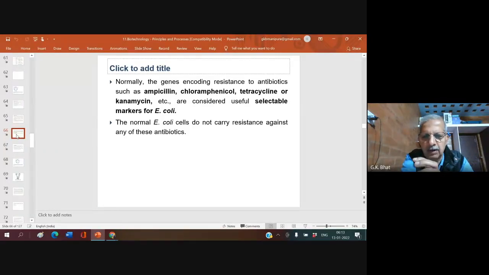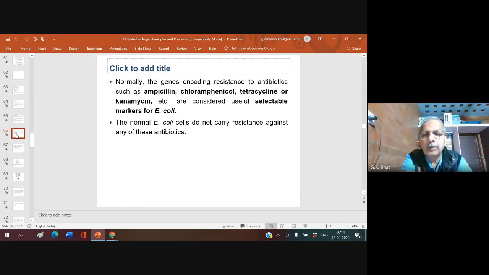In some bacteria, there will be some genes that develop resistance to antibiotics. If you put these bacteria with a resistant gene in antibiotics like ampicillin, chloramphenicol, tetracycline, kanamycin, etc., nothing happens to them. Otherwise, treating with antibiotics kills them.